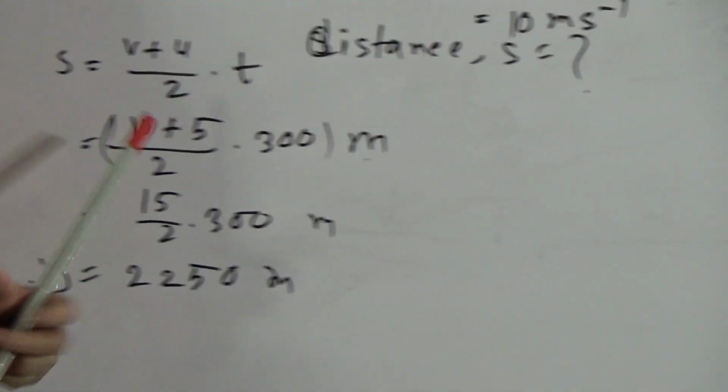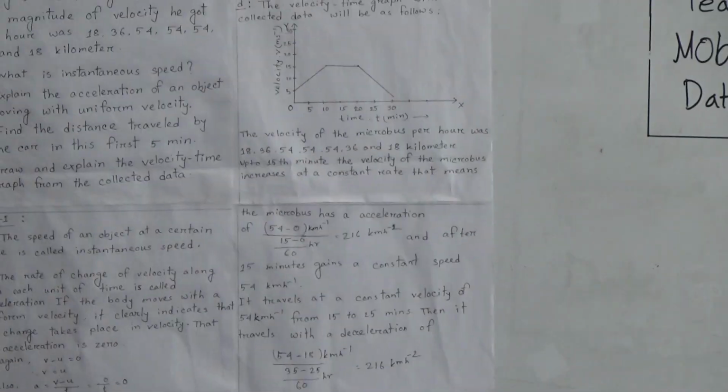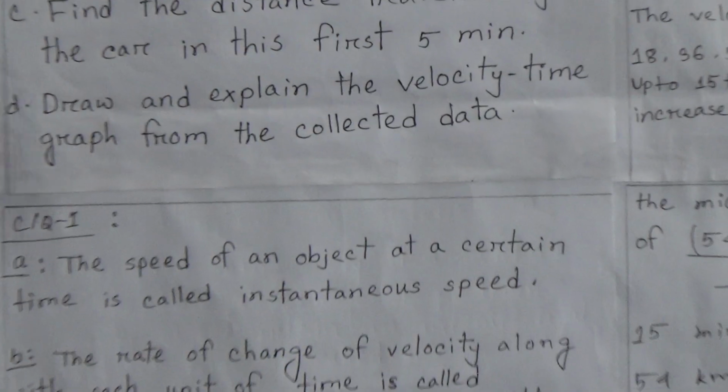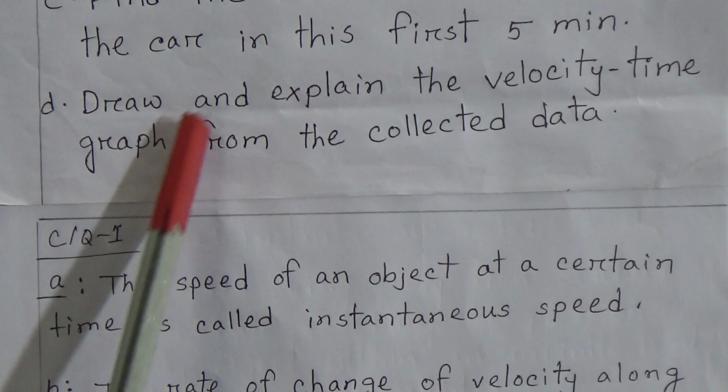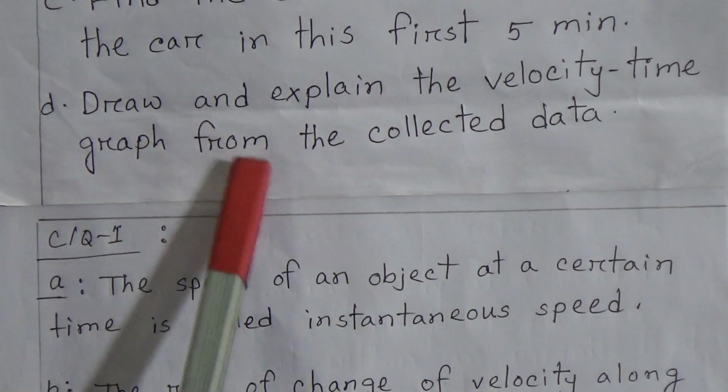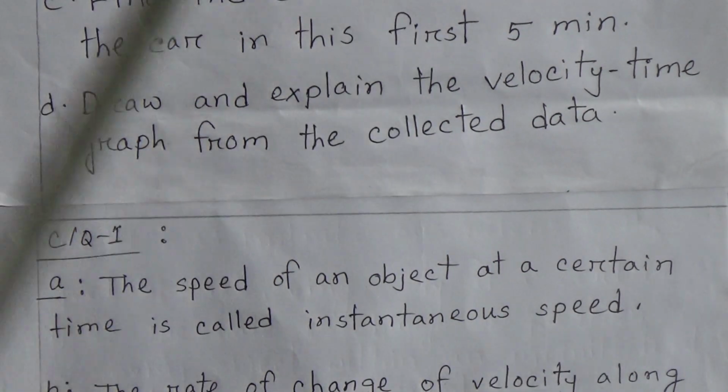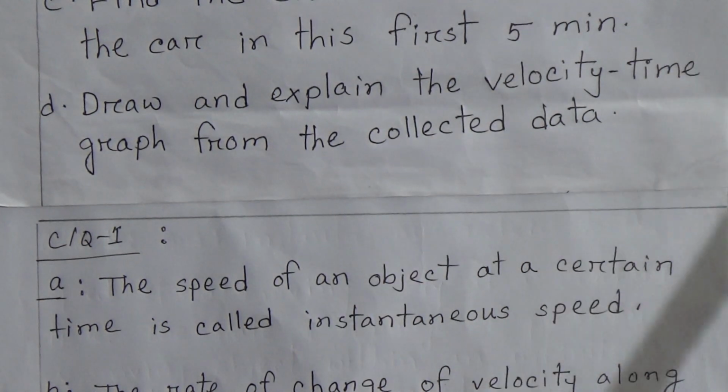The distance traveled by the car in the first 5 minutes is 2250 meter. My dear students, now we will discuss question number D. Draw and explain the velocity time graph from the collected data. The velocity time graph with the collected data will be as follows.